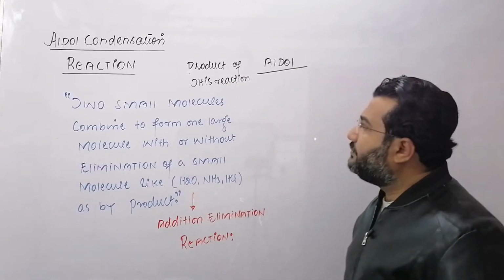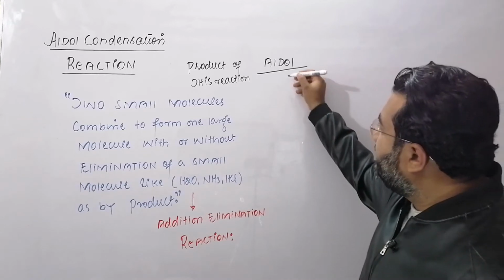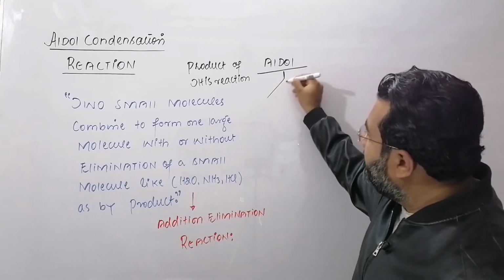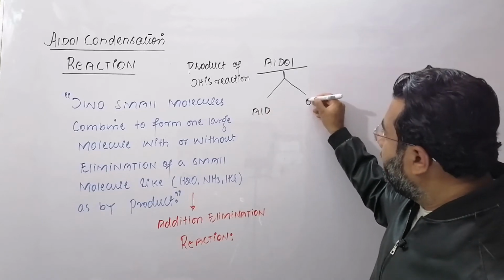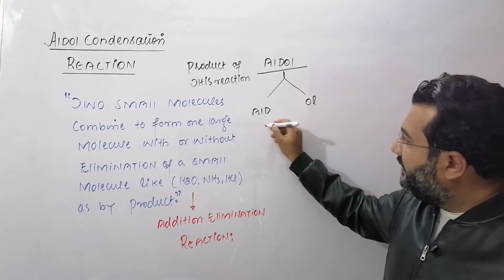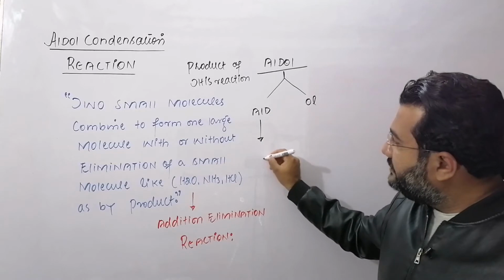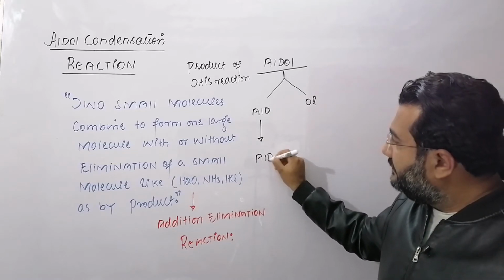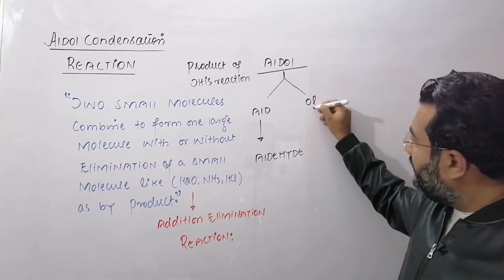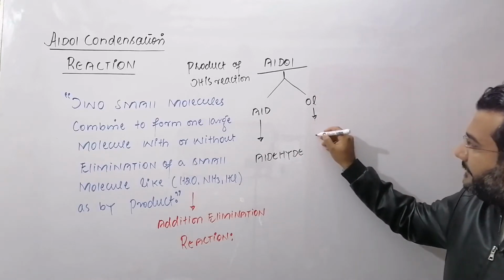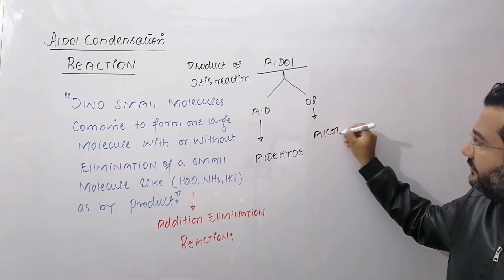So aldol is the product of this reaction, and aldol is a combination of two words, ald and ol. The ald refers to the aldehyde and ol refers to the alcohol.